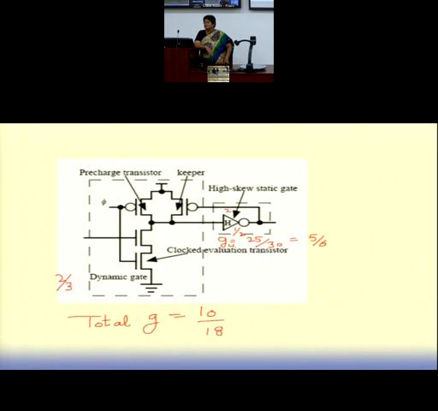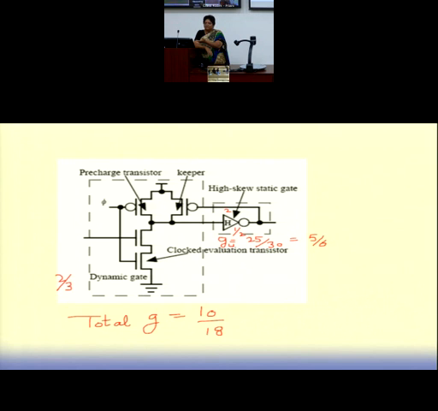You make the drive capability the same, then add the capacitances and take the ratio. What is G up here? The drive capability is 2. Mu is also 2. So the drive capability is the same as the standard inverter.